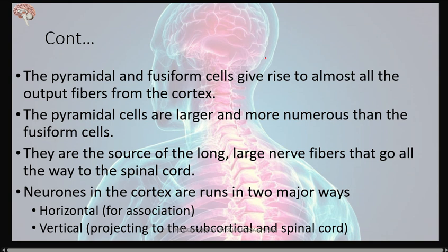And by now we know that a lot of fibers that relate to motor, all the way to the spinal cord, are likely to emanate from the pyramidal cells, specifically at layer 5, where you expect the large pyramidal cells. The pyramidal cells are larger and more numerous than fusiform. They are the source of the long nerve fibers that go all the way to the spinal cord. Our good example was the corticospinal.